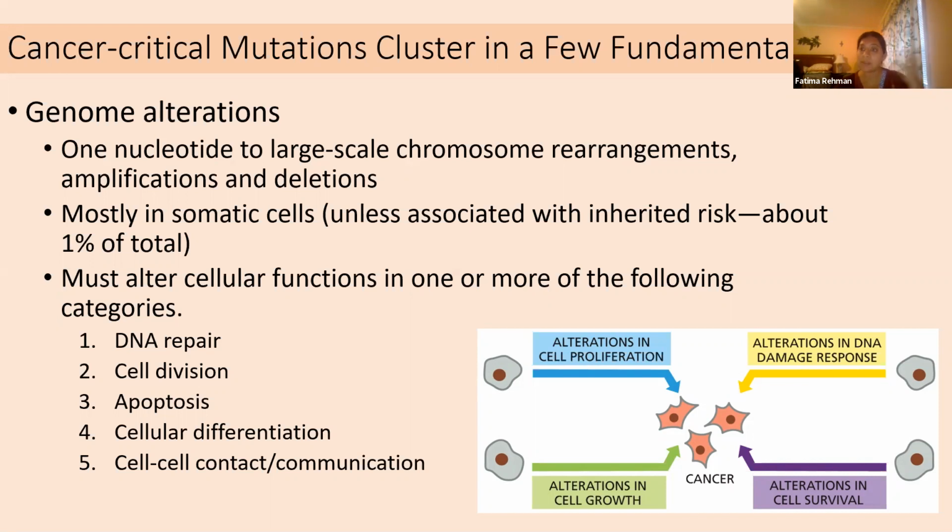No repair happens, more mutations will occur. Then cell division: if you have a regulatory gene that controls when a cell is going to divide and it's now mutated so that it cannot control it appropriately, you'll have a higher rate of cell division leading to aberrant cell growth.